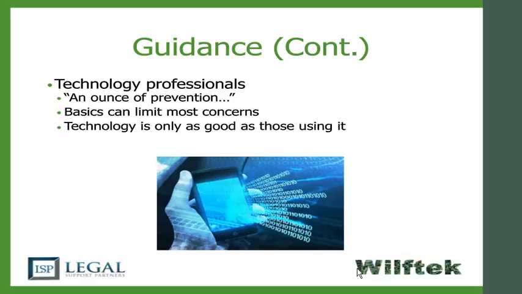And even the basics, we find, can limit a lot of concerns. I've done a lot of talks recently on data security. Part of the key is, while it's extremely difficult, almost impossible to be 100% secure, you can make it so you're not the low-hanging fruit and let somebody else be the low-hanging fruit that is easy for someone to breach or hack. Those can be basic things.